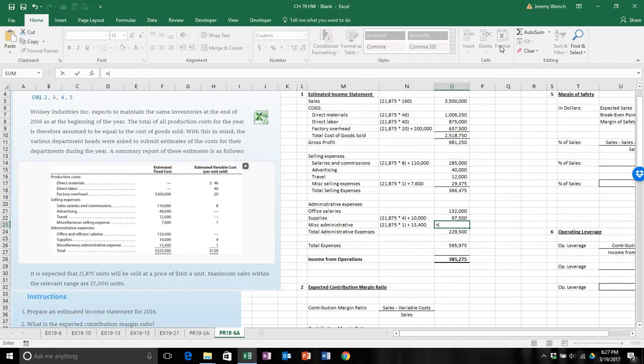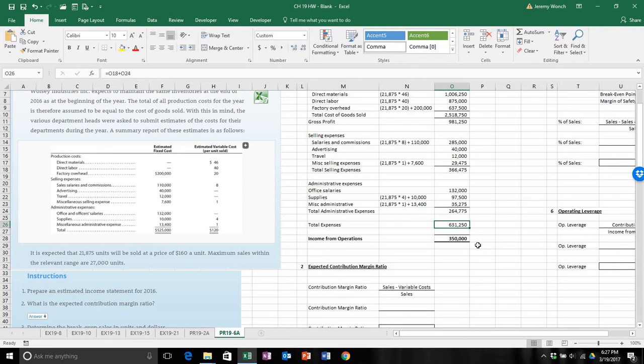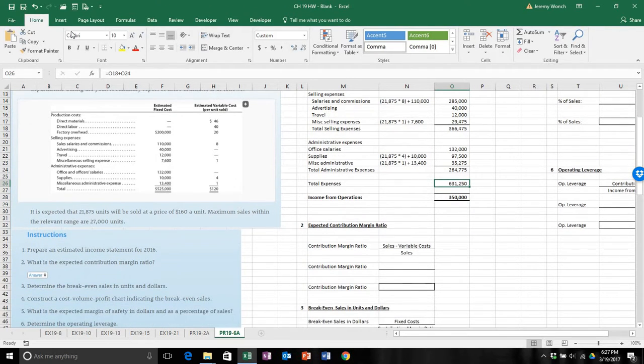And miscellaneous administrative, fixed and variable. Okay, so that gets us total expenses of 681,000. Subtract that from our gross profit, which gives us income from operations at 350,000. So not too bad.